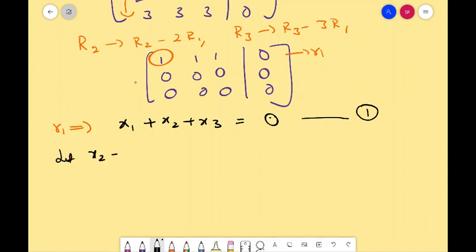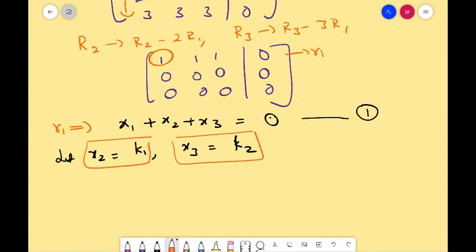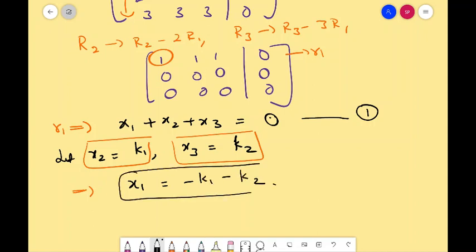Let x2 be equal to k1 and x3 be equal to k2. That implies x1 is equal to minus k1 minus k2. So now I have all the three values.